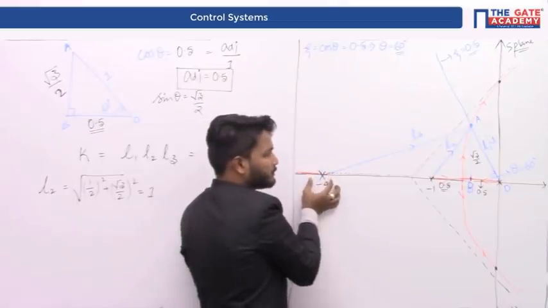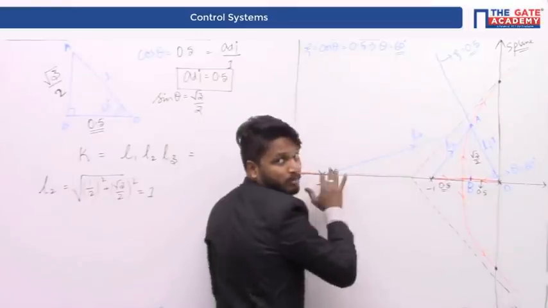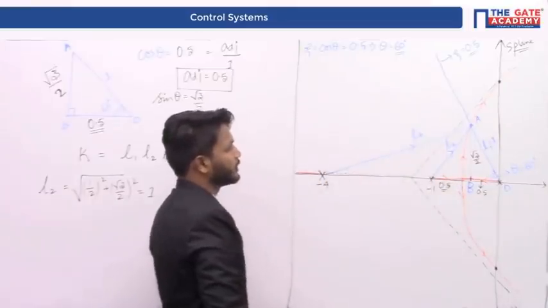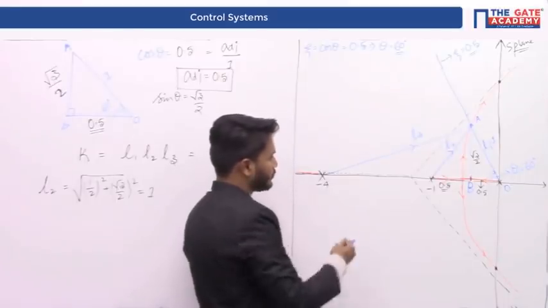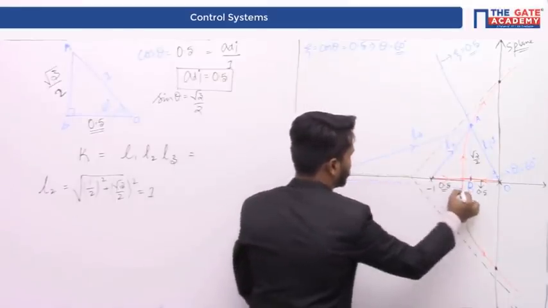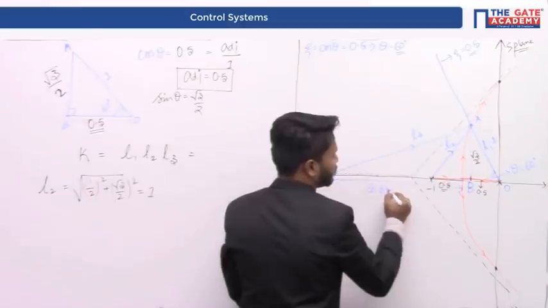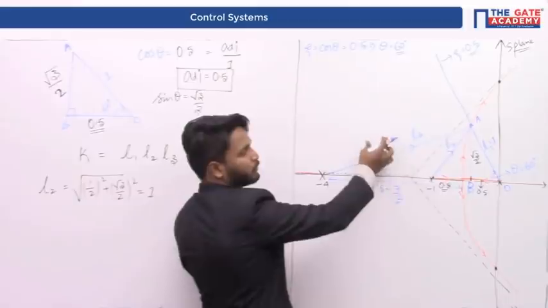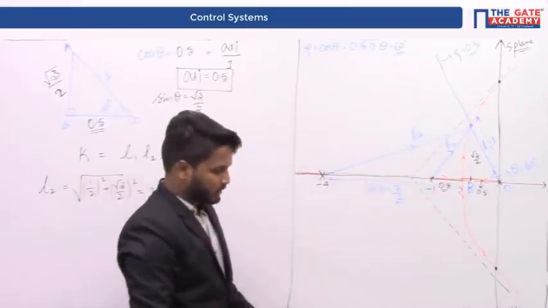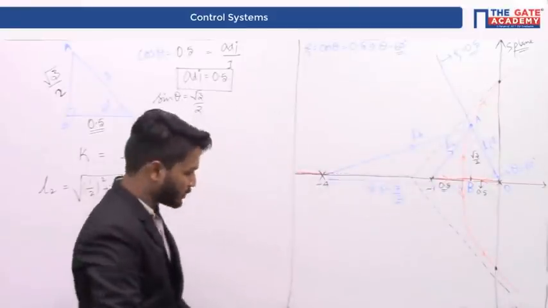Therefore the distance from this pole to this particular point B is 4 minus 0.5, which I will write as 3.5, or else you can write it as 7 by 2. If this is 7 by 2, can you calculate L3? It is very easy, because we know the base and height of the triangle. You need to calculate the hypotenuse.